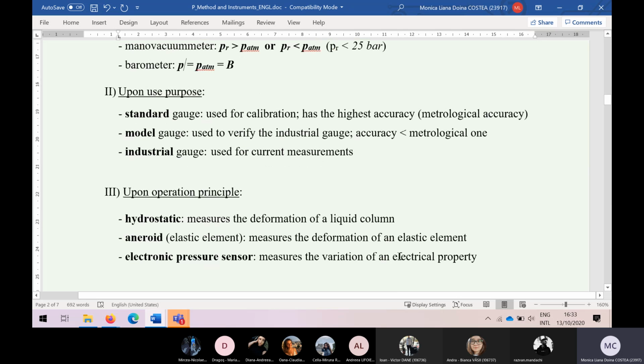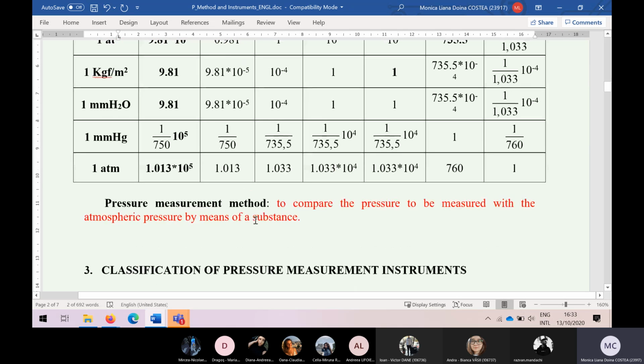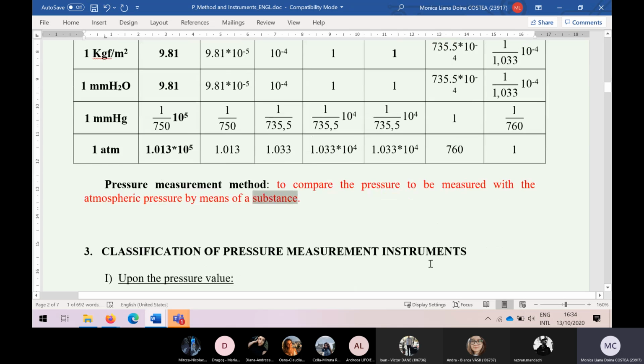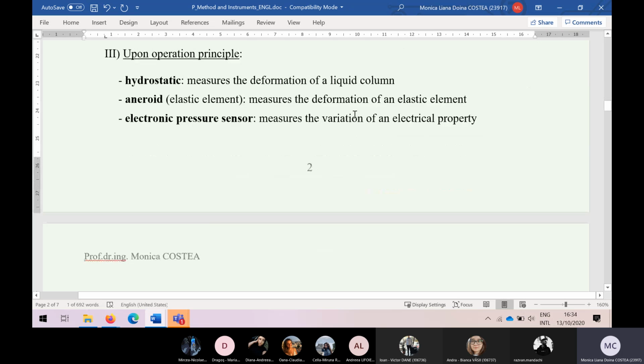And finally, the last one, which is the most important for us because it will be followed in the presentation: upon the operation principle, we can have those operating on hydrostatic principle, measuring the deformation of the liquid column. So you see the substance mentioned here will be different. For the hydrostatic operation principle, the liquid.